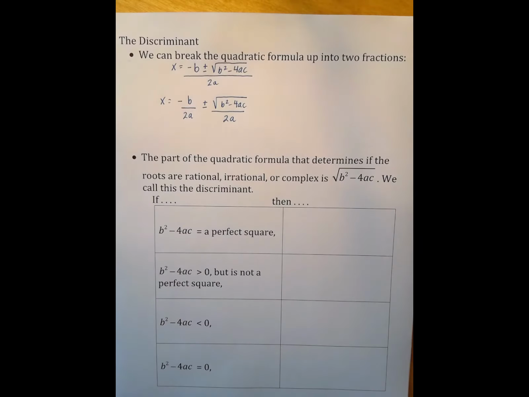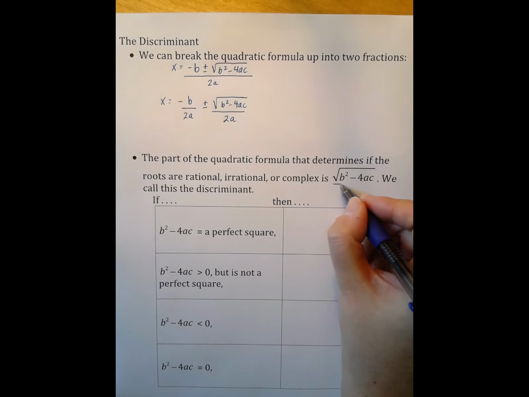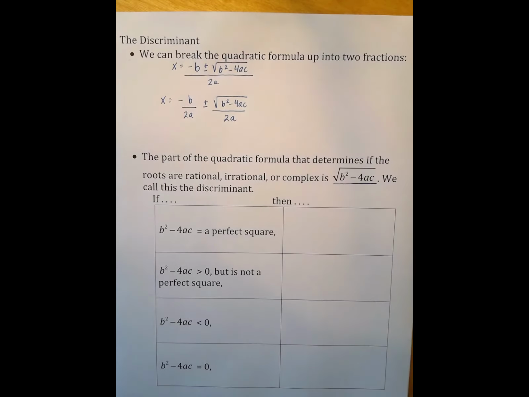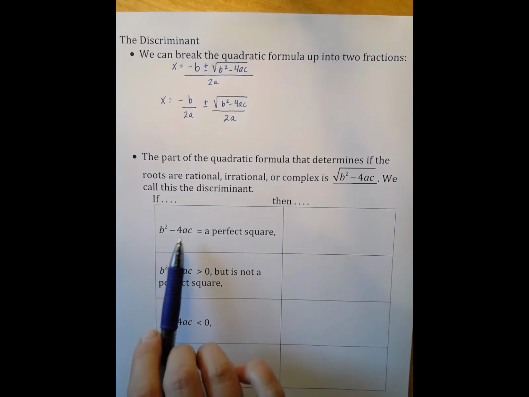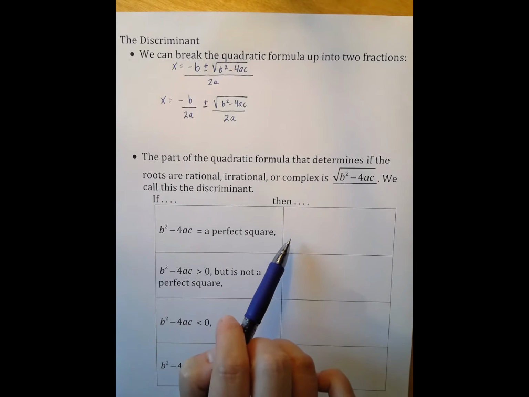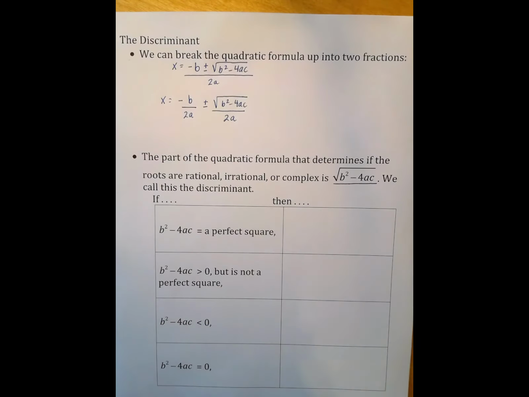We call this the discriminant. The square root of b squared minus 4ac is the discriminant. It discriminates what kind of answers you're going to get when you perform the quadratic formula. If b squared minus 4ac is a perfect square, then I'm taking the square root of a perfect square, so I get an integer.